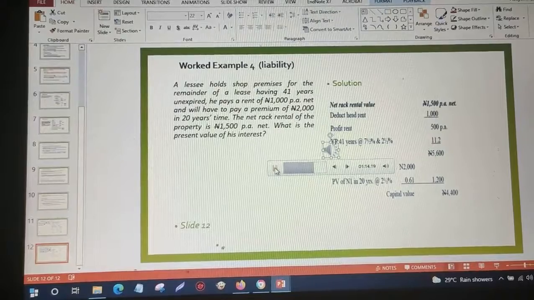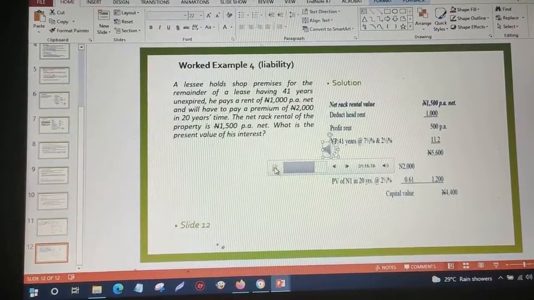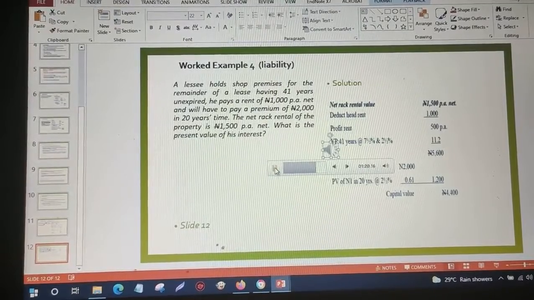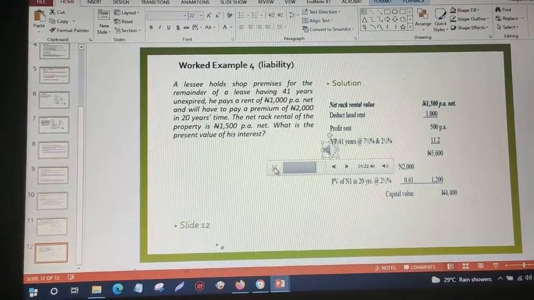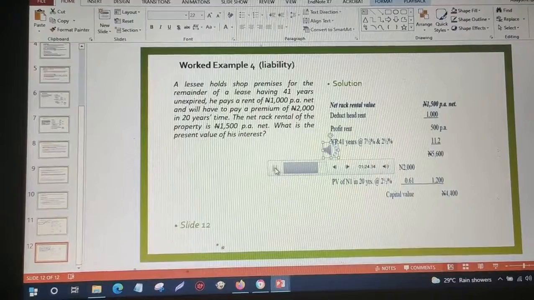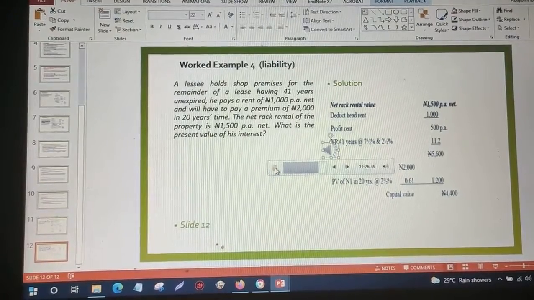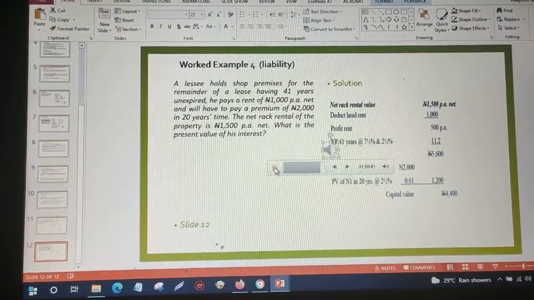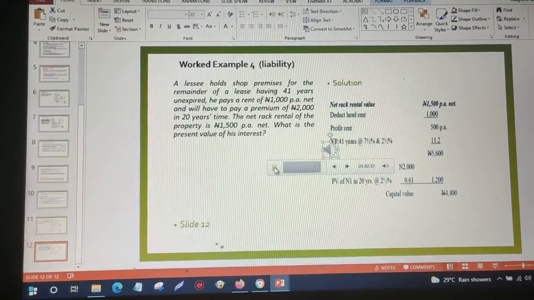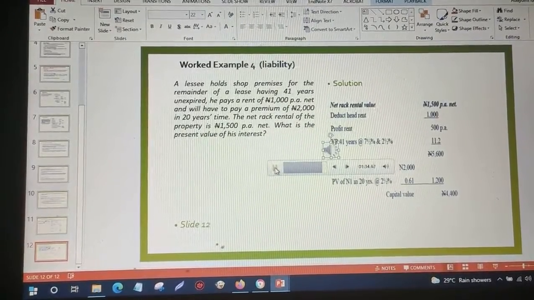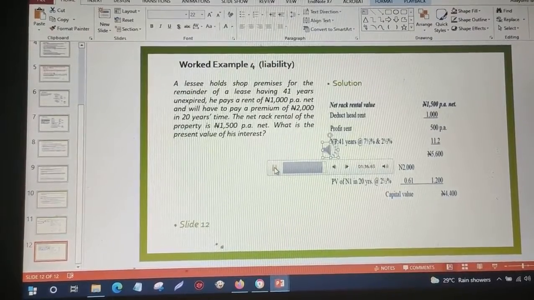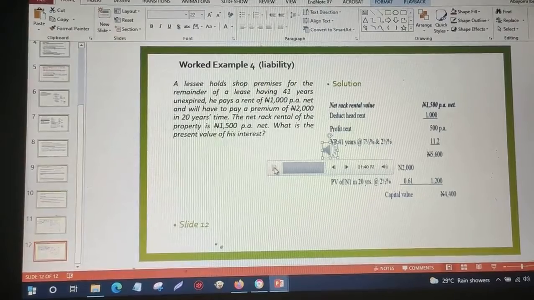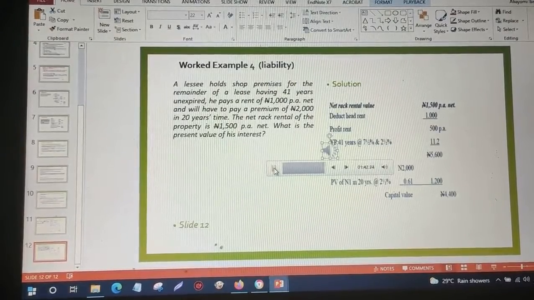The profit rent is capitalized using a dual rate, which is very important, very, very important. Another point of importance is that the PV is at 2.5%, which is the accumulative rate, not remunerative rate. Remunerative rate would have been 7.5%, but because it's a liability, that's why we are using 2.5% or 3%, as the case may be. Thank you.